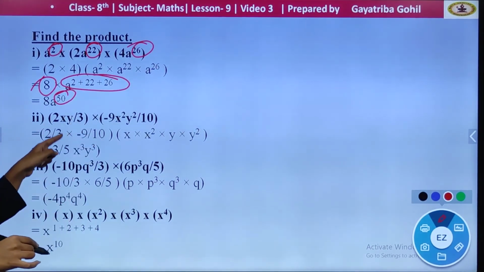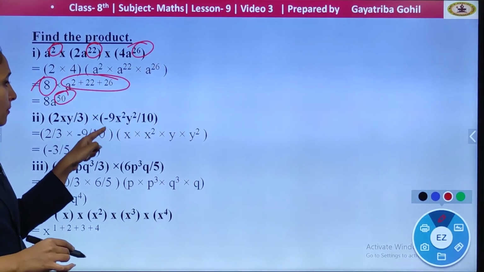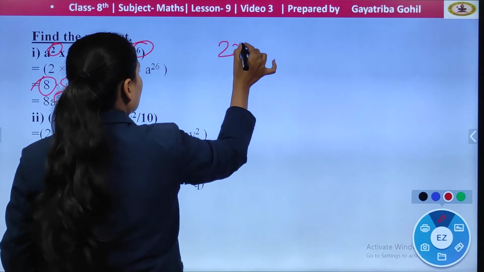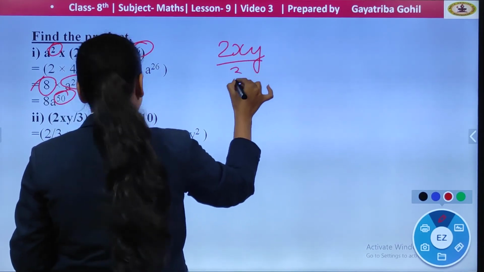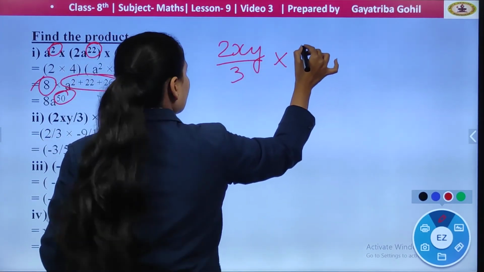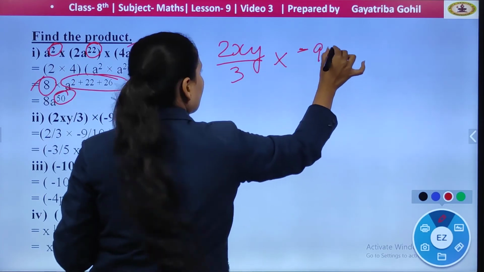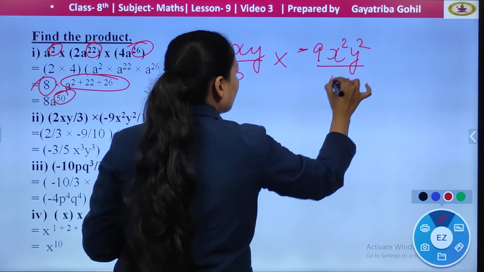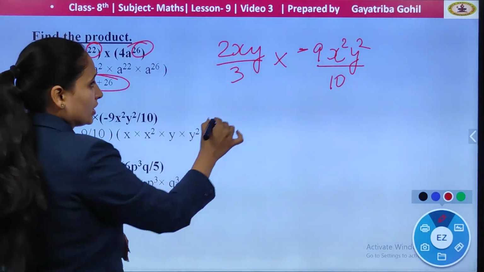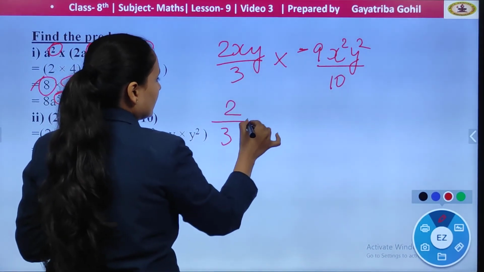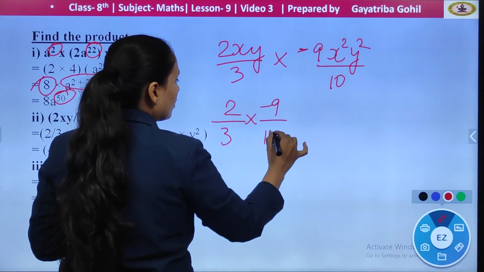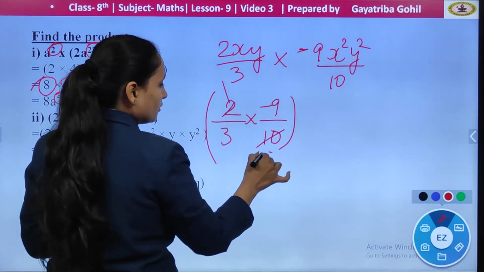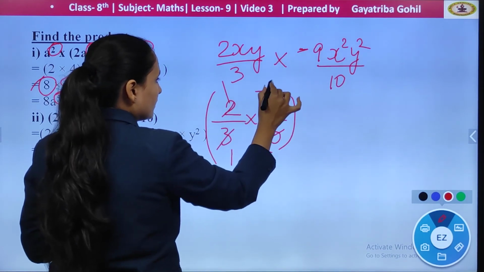Then I have 2xy by 3 multiplied by minus 9x square y square by 10. Multiply the coefficients. 2 upon 3 into minus 9 upon 10. 2 fives are 10, 3 threes are 9.